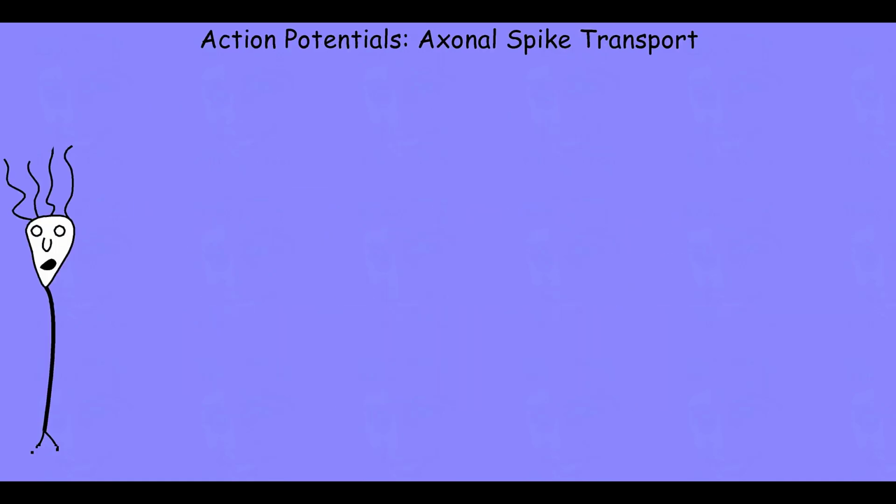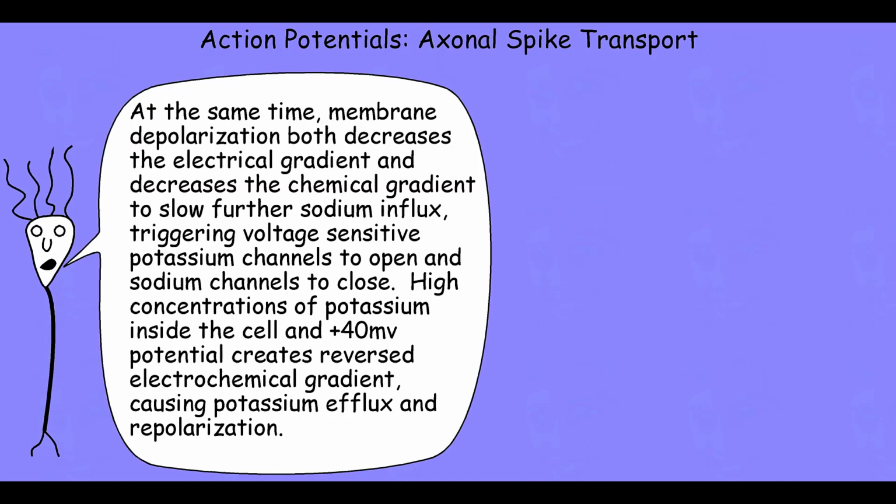potential. When the sodium channel opens, the membrane potential is at negative 65 millivolts, the resting potential, or close to it. Sodium then rides the electrochemical gradient into the neuron quickly. As it does, it decreases the electrochemical gradient, thereby slowing its sodium influx.